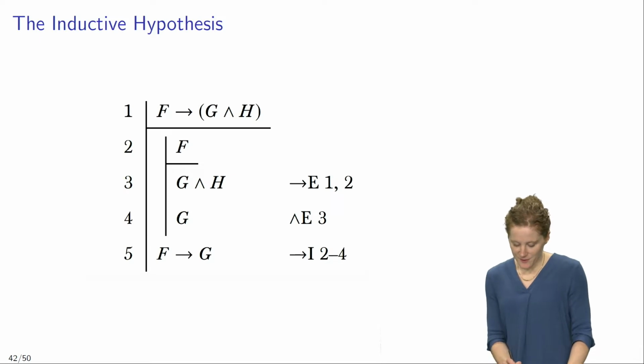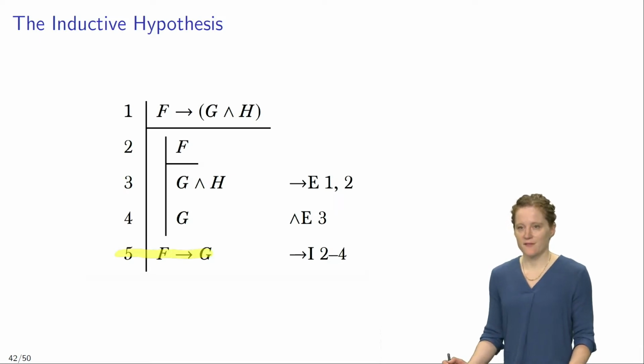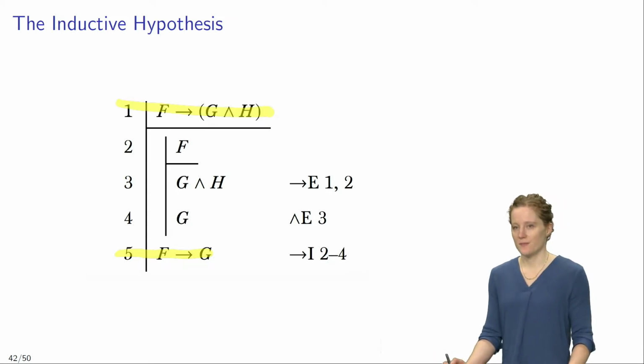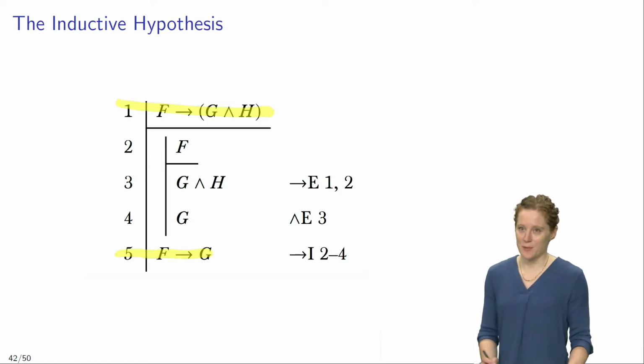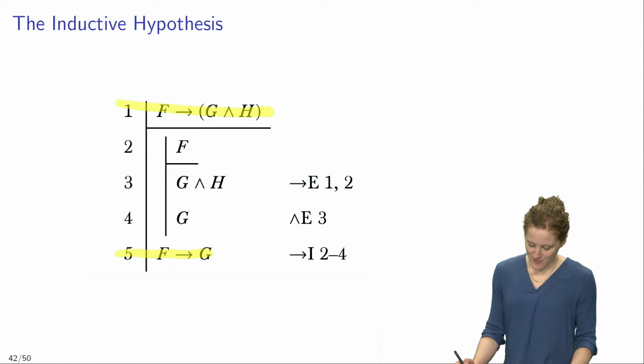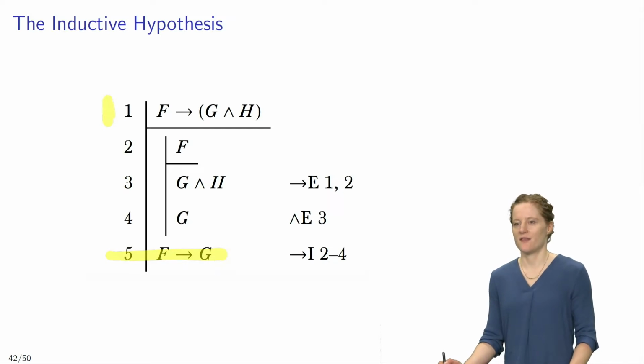And then finally, if you look at the conclusion in line 5, if F then G, this conclusion depends on only the premise in line 1 of our proof, since the premise in line 2 was discharged when we closed the subproof. So if we assume that proofs up until length 5 are proofs of tautologically valid arguments, that means that every valuation that makes line 1 true also makes our conclusion in line 5, if F then G, true.